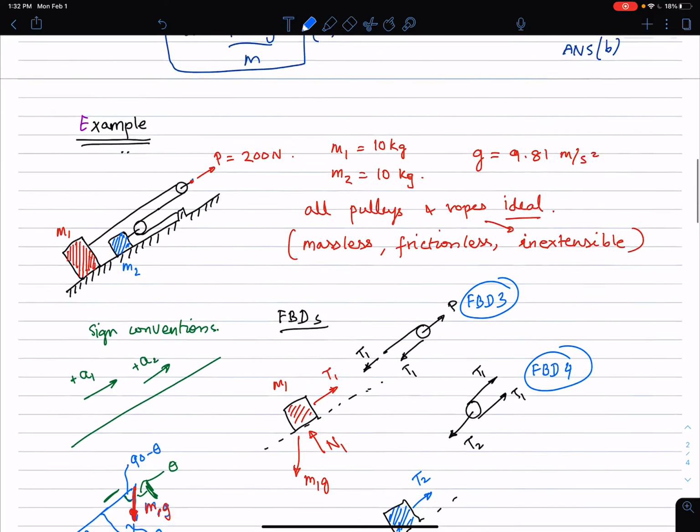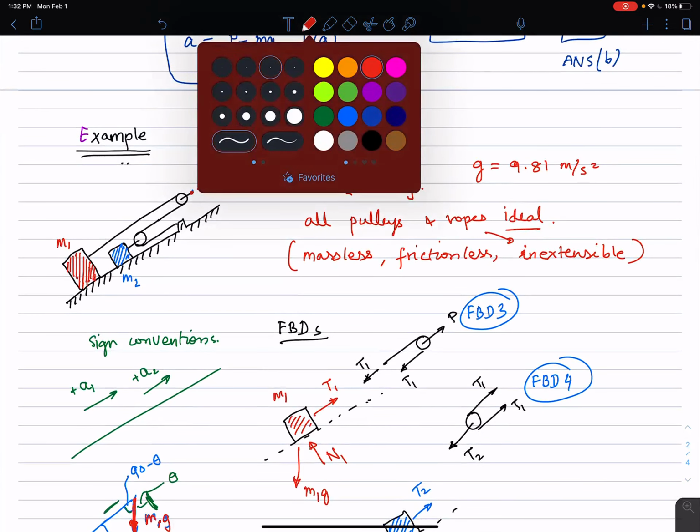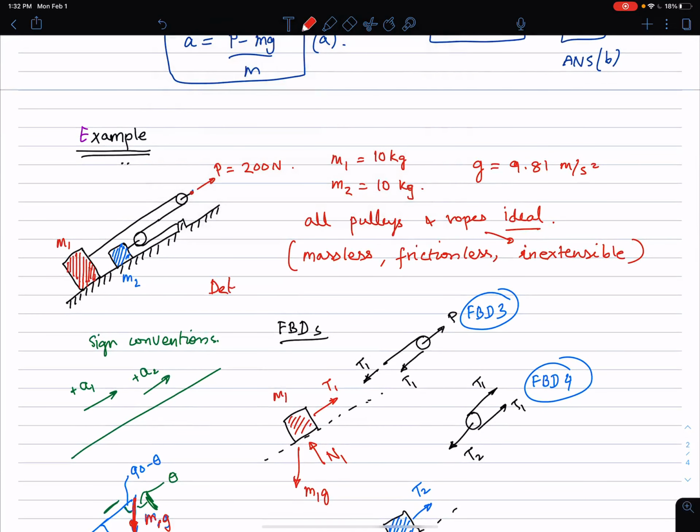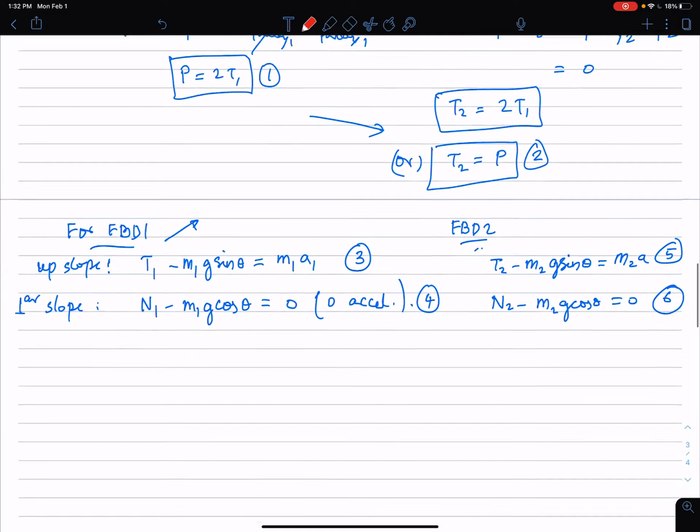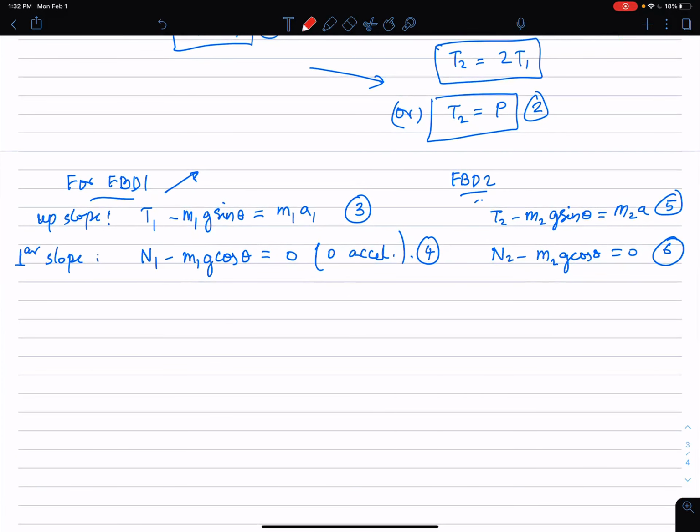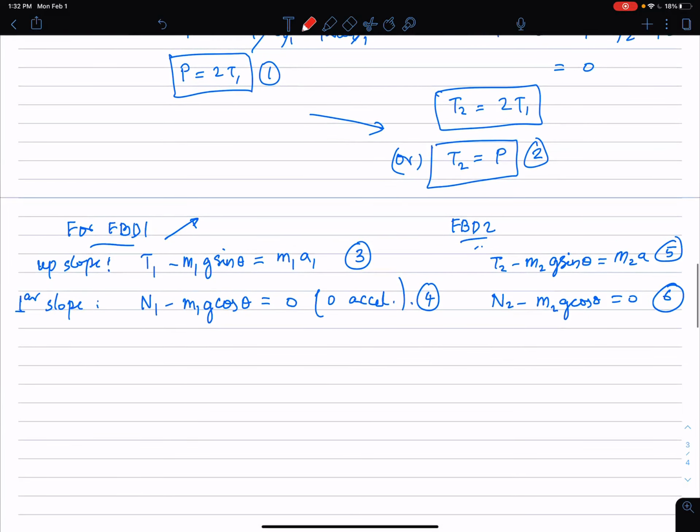I suppose we did not necessarily say what to find, but let's say we determine A1 and A2. So that's more or less it. We are mostly done here. A1 equals T1 minus M1 G sine theta.